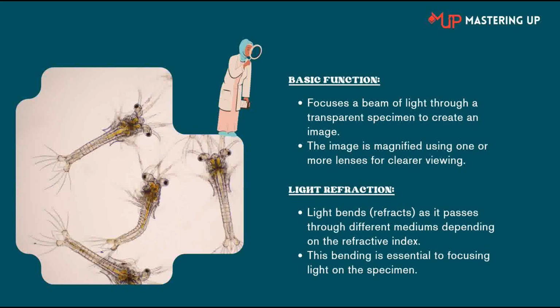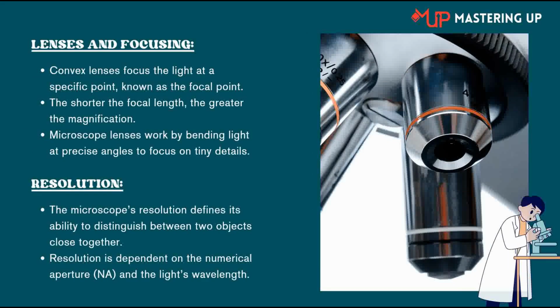This bending is essential to focusing light on the specimen. Now let's see lenses and focusing. Convex lenses focus the light at a specific point known as the focal point. The shorter the focal length, the greater the magnification. Microscope lenses work by bending light at precise angles to focus on tiny details.